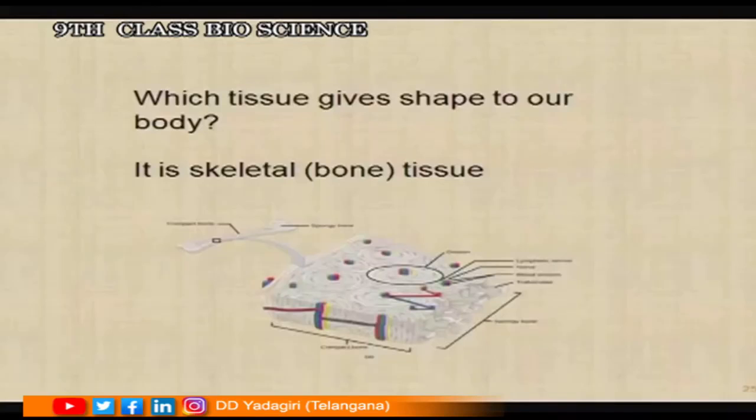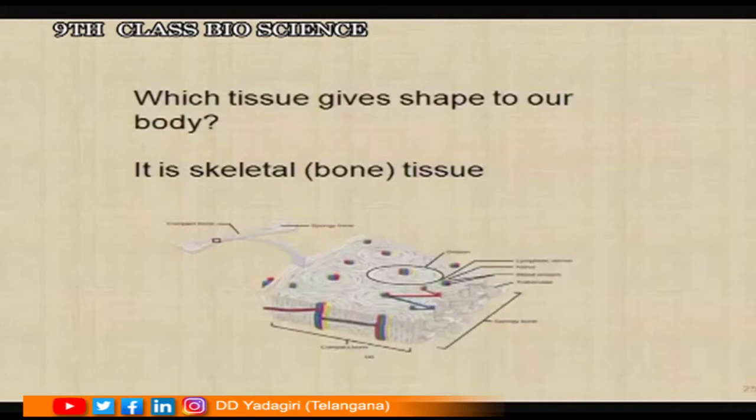Students, think, how did we get a specific shape to our body? It is a skeletal tissue which gives a shape to our body. Assume that you do not have bones in your body, you do not have a skeletal system in your body. What happens? Will you get a shape to your body?